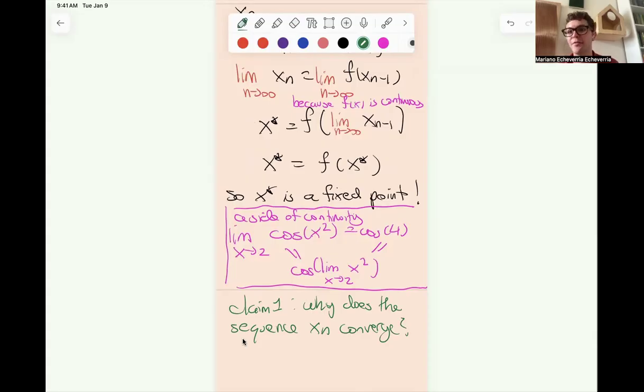And this is exactly why on the first day of class I told you that when you have a sequence, it's useful to know that a sequence converges, even if you don't know what the limit is, right? And I told you that there's a name for those sequences.